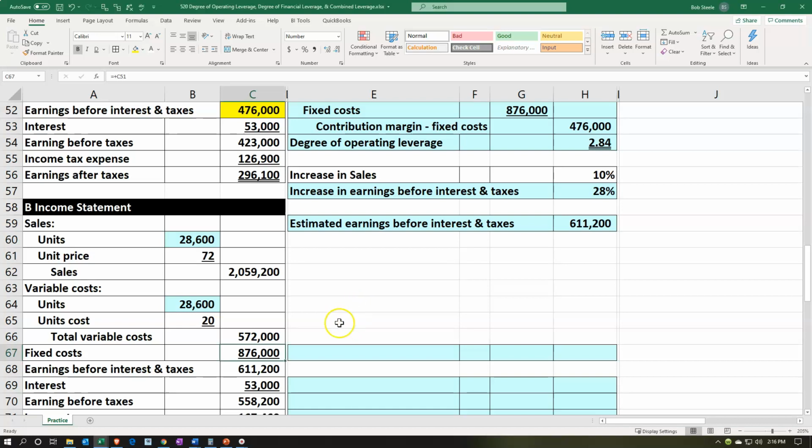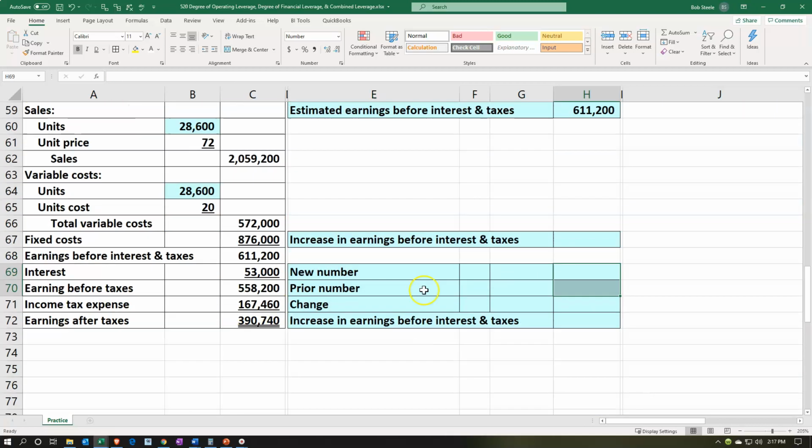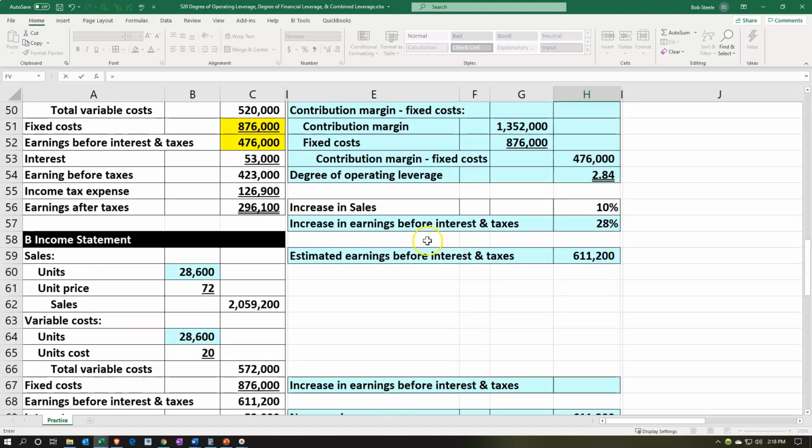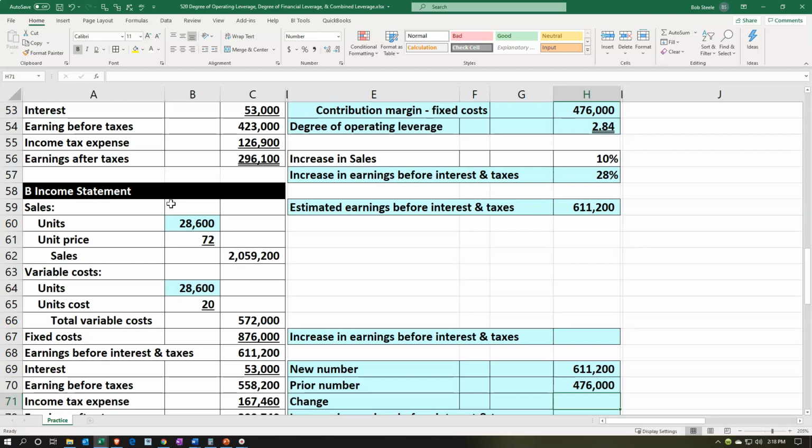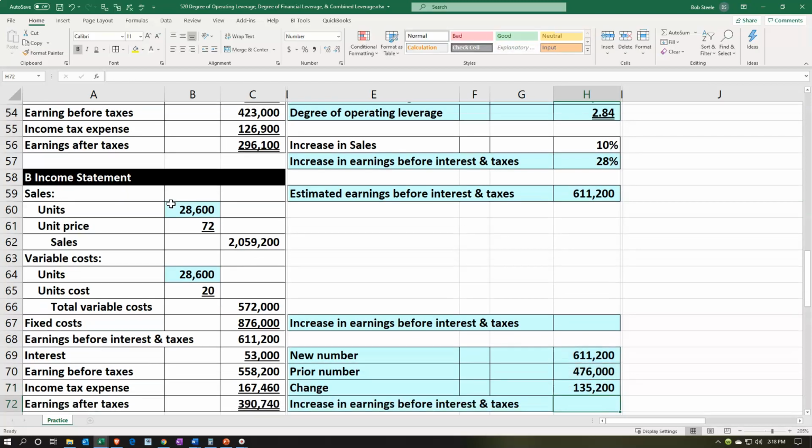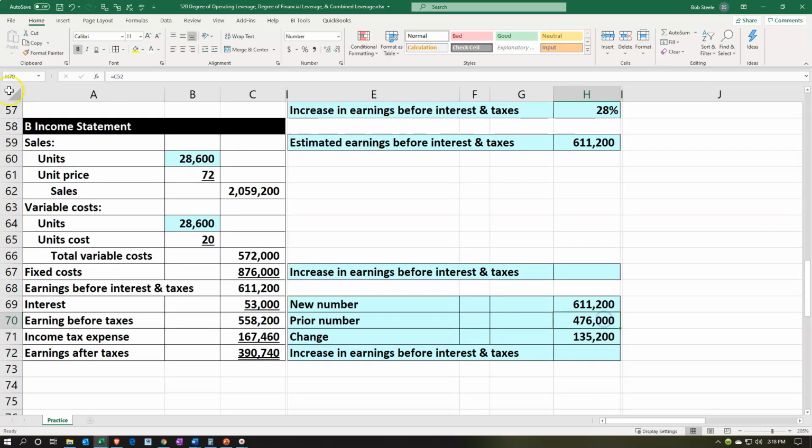So what's going to happen then, we can calculate this a couple different ways. An increase in the earnings before interest and taxes. And let's think about it first using this equation. The new number, the earnings before interest and taxes, is that. The prior number was that. The change is going to be this minus that. Let's underline that, Home tab, font group, underline.